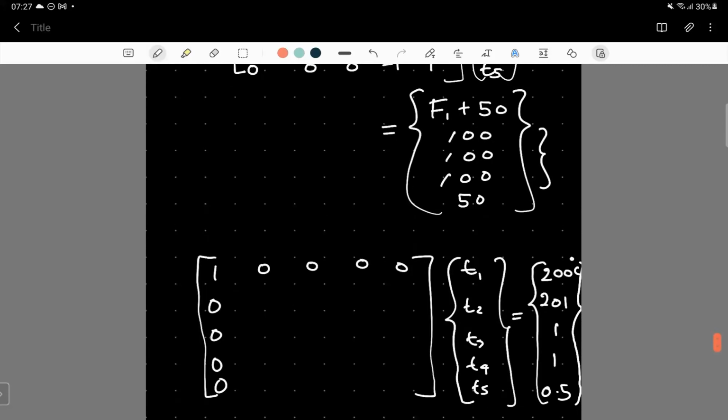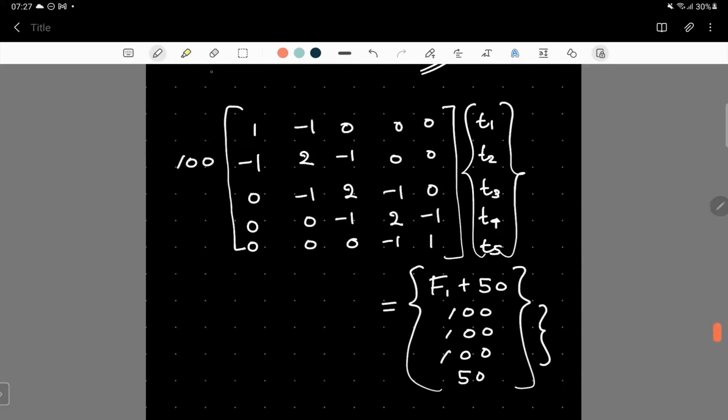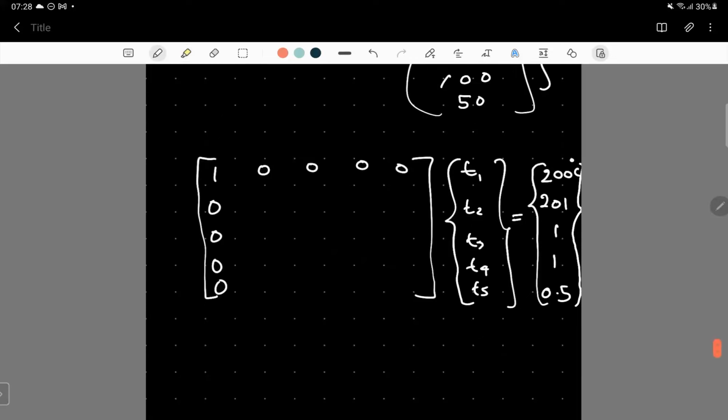Since this element now has been changed, these are the elements which are changed now. All the rest remain intact, right? So 2, -1, 0, 0; -1, 2, -1, 0; 0, 0, -1, 0, 2, -1; -1, 1.